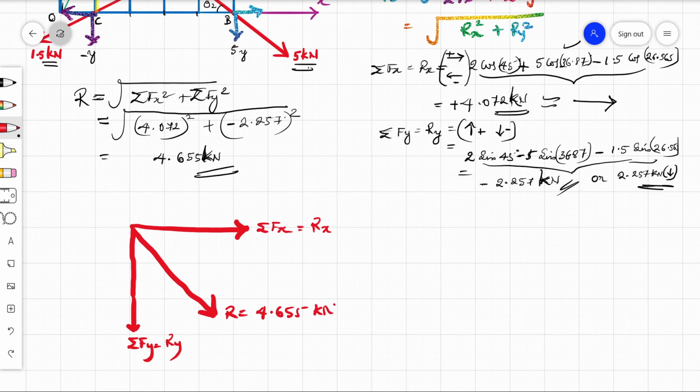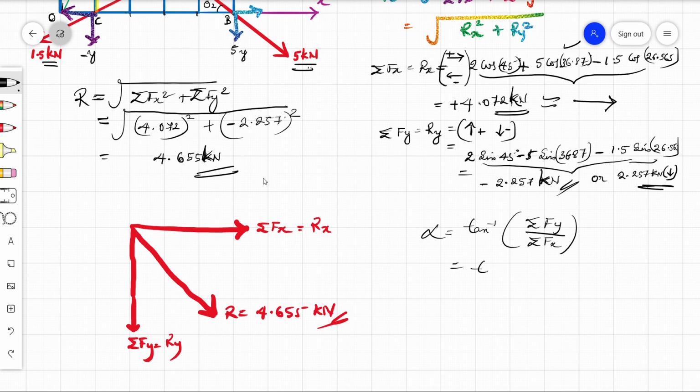But our numerical doesn't end here itself. We have to find something else, that is alpha. The alpha is tan inverse of summation of Fy divided by summation of Fx, or Ry divided by Rx.